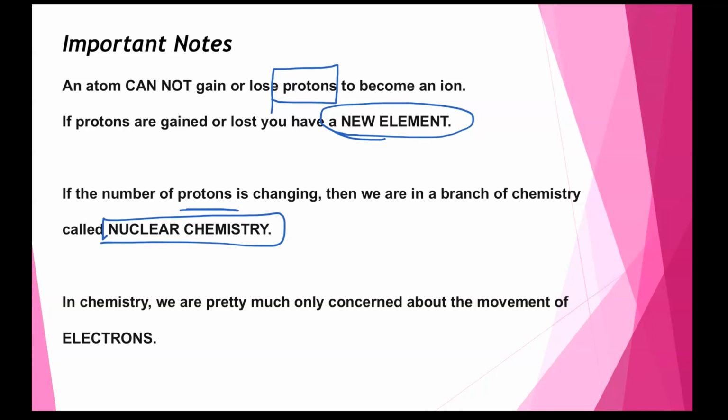We are really only concerned about the movement and changes of electrons. So that's what we focus on in chemistry class, is the things that electrons can do and the things that happen that we can observe when electrons are moving around and changing and switching from one atom to another, or speeding up or slowing down, or all sorts of other things.